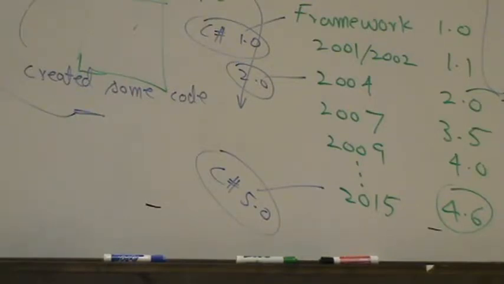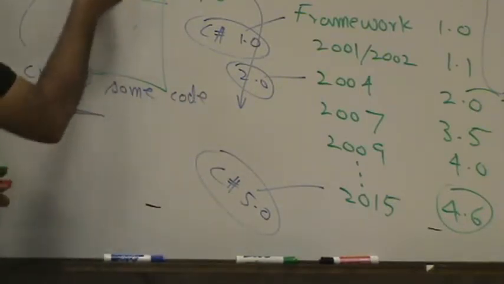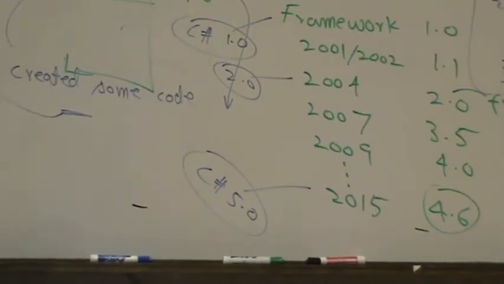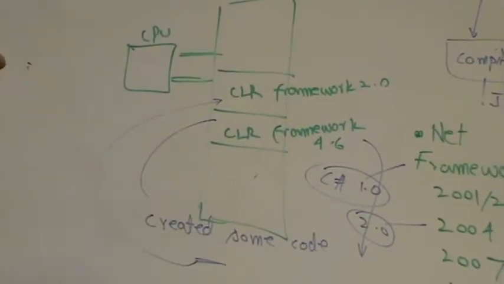So gradually I'll introduce those features. Again, as compared to Java, where changes do not occur for another 5 years or so, here changes keep occurring, and they don't have to worry about backward compatibility because multiple frameworks can exist in the memory at the same time. So anyway, that was the big picture.